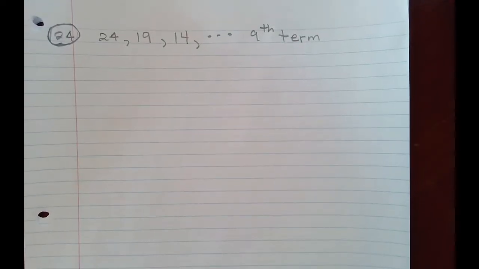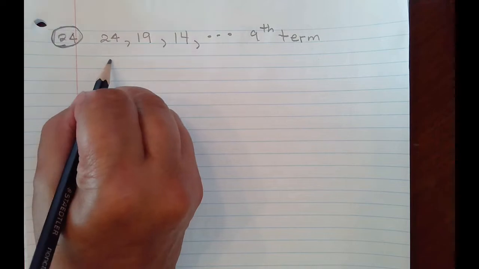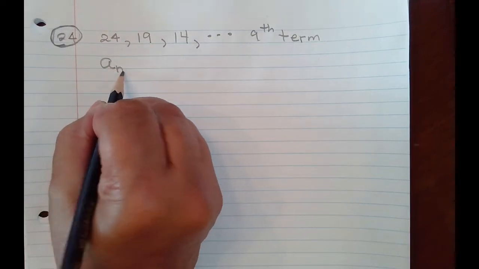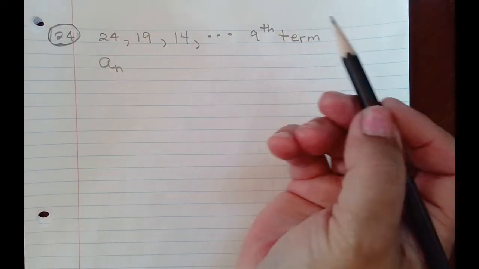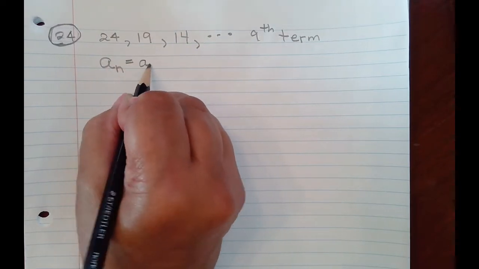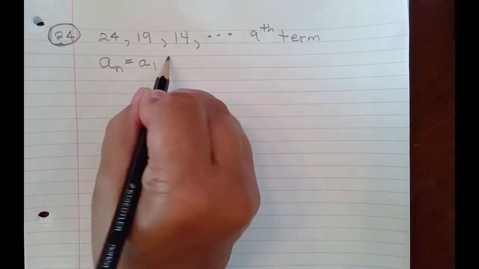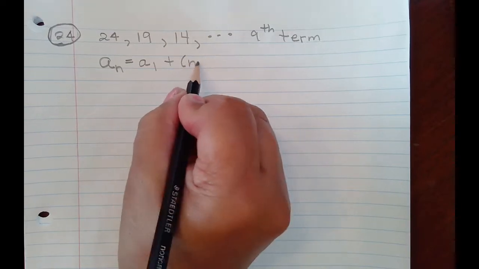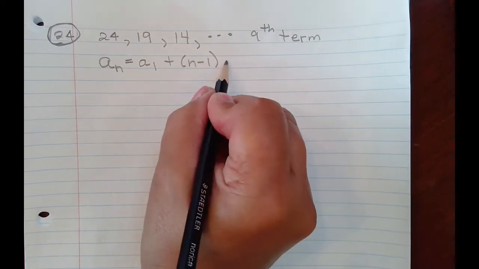This is just me copying the problem from your practice test. And again, I'm telling you that the overriding formula in this section is the nth term. You can use it to find the 9th term, the 20th term, the 5,000th term, which is equal to the first term plus n minus 1 times the common difference.